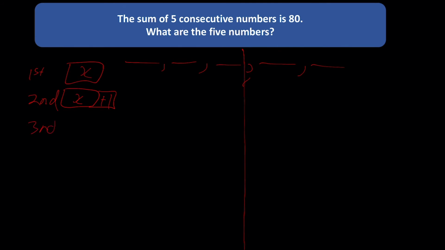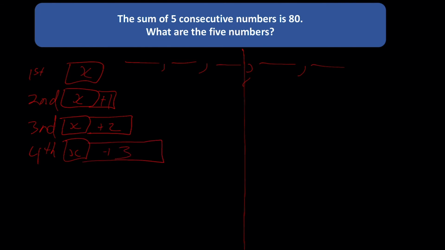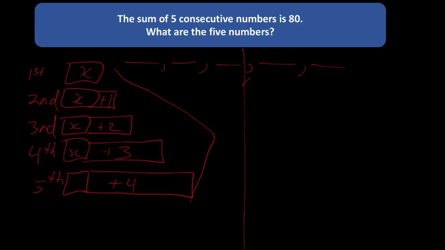The third number would be 2 numbers away on a number line, so I would add 2. My fourth number, I would add 3. My fifth number, I would add 4. And all of this is going to be equal to 80.